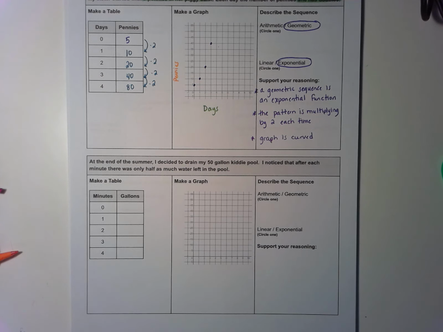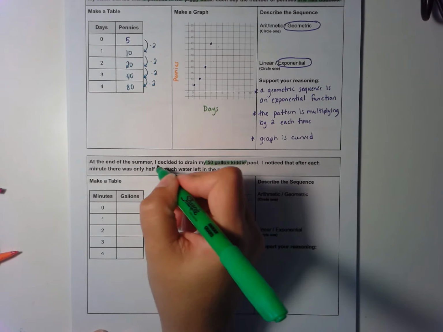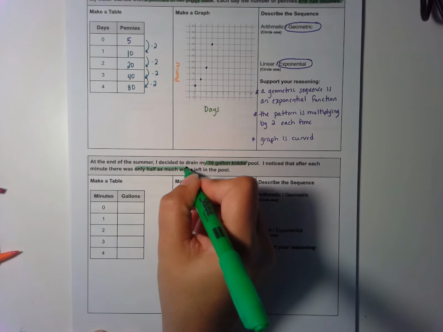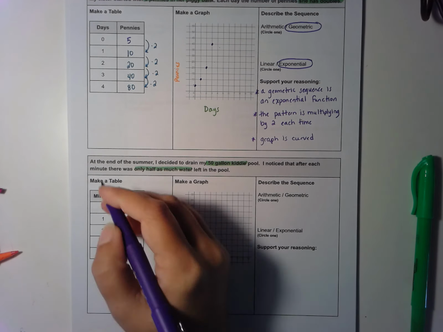The next scenario says, at the end of the summer, I decided to drain my 50-gallon kiddie pool. I noticed that after each minute, there was only half as much water left in the pool. So we've got a 50-gallon kiddie pool. Each minute, there's only half as much water left in the pool. So we're going to start with 50 gallons.